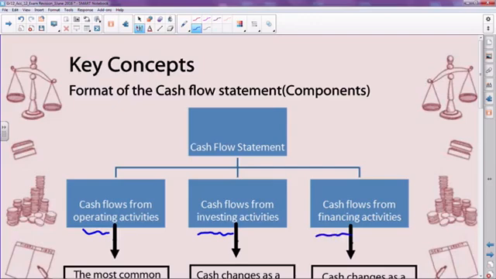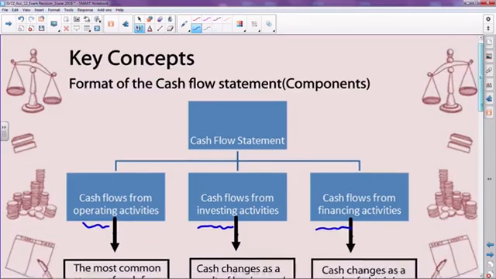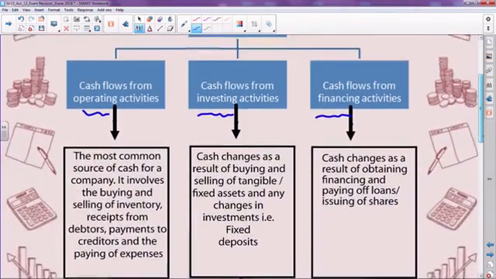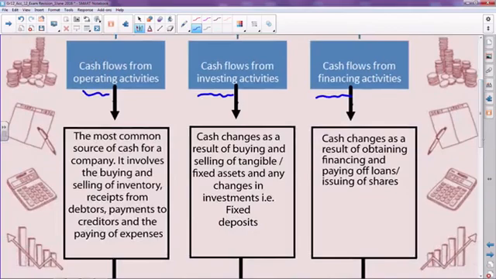Now if we look at operating activities, the most common source of cash for any company involves the buying and selling of inventory. That means, obviously, your sales. You also look at your receipts from your debtors, your payments to your creditors, and obviously the payment of expenses.